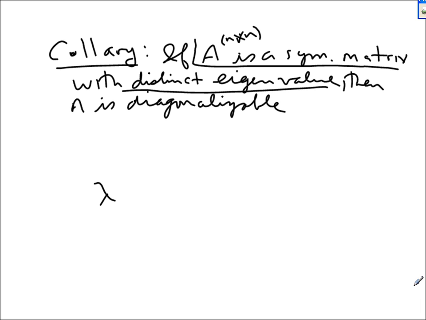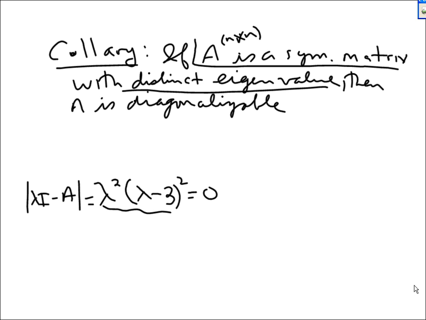If you have lambda squared times lambda minus 3 squared equals 0, and this is the determinant of lambda I minus A set equal to 0, then the eigenvalues will not be distinct.